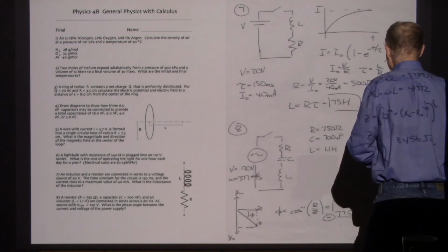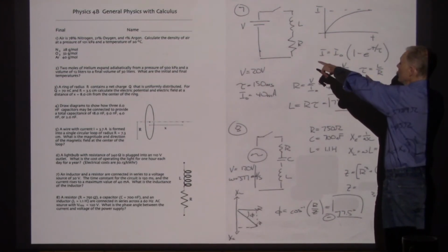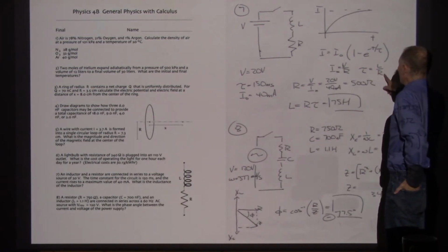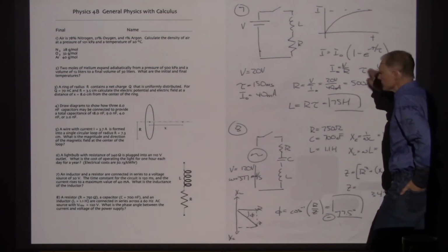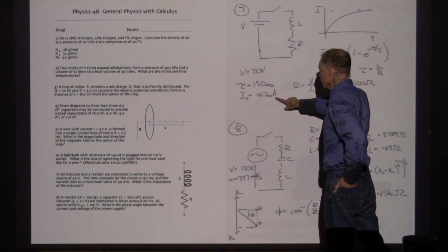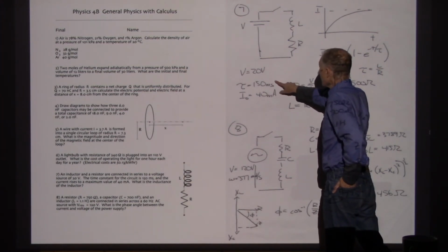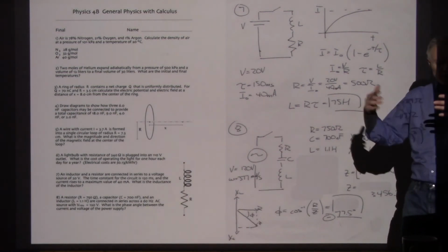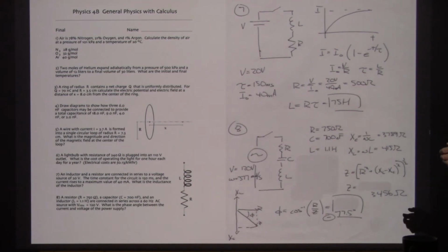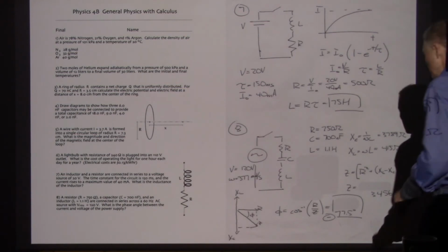Now that's interesting because the time constant for an LR DC driven circuit is L over R. So they're kind of telling us, we've gone into the lab, we've measured the voltage on the battery, we've measured the current, we're getting 40 milliamps, and we've measured the time constant.